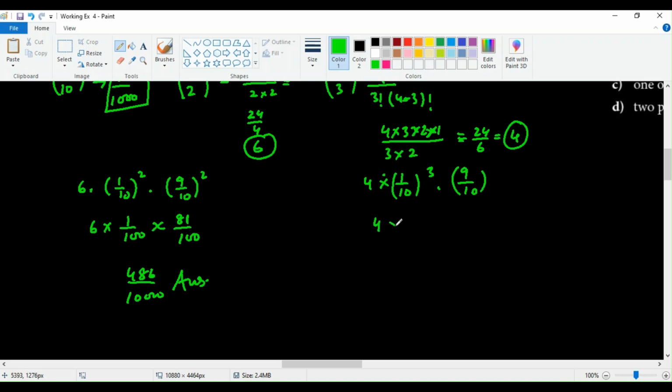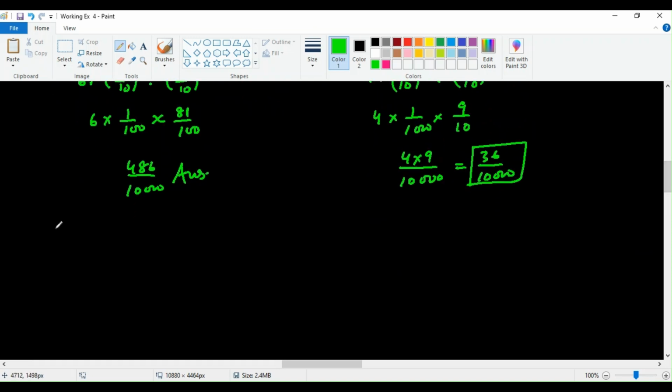So 4 times 1 over 1000 multiplied by 9 over 10. So this gives us 4 times 9, and 10 times 1000 is going to give us 10,000. So finally it's going to give us 36 over 10,000. Now keep this in mind, this is going to be used in the calculation.